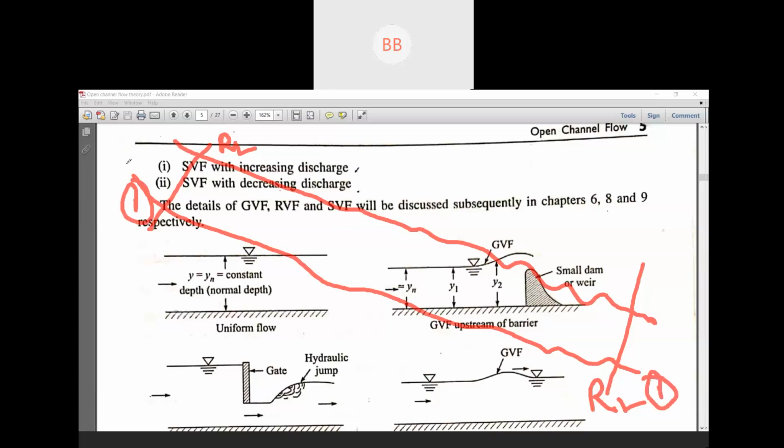We are going to join these two points by a straight line. Suppose here it's 100 meter RL, and here it's 50. Then we are going to find out this angle, and that will be your slope.